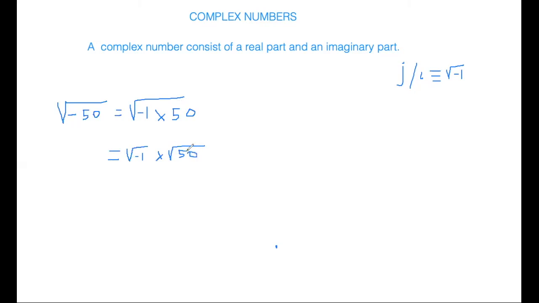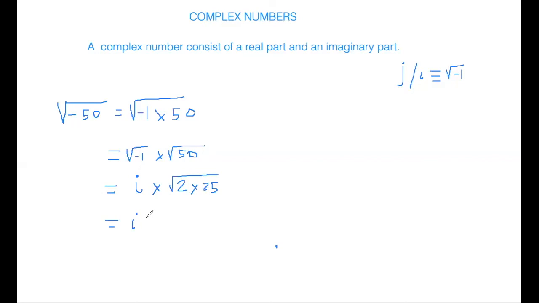Now, we're going to replace square root of -1 with, let's use i. But the square root of 50, I can break it down further, where 50 can be rewritten as 2 times 25. And I chose 25 because 25 is a perfect square, where the square root of 25 is 5. So what is next is to split the number.